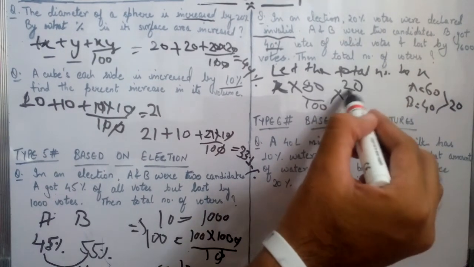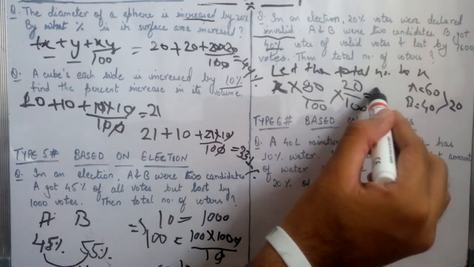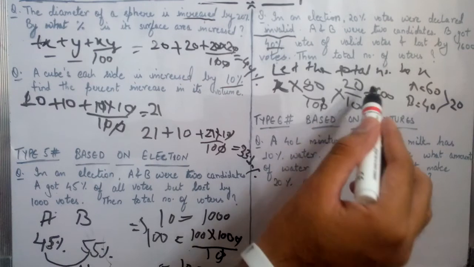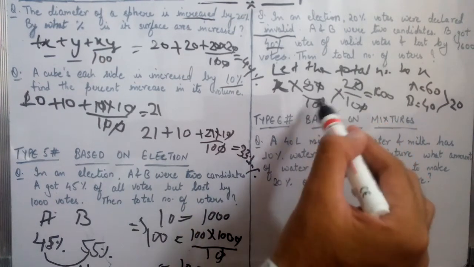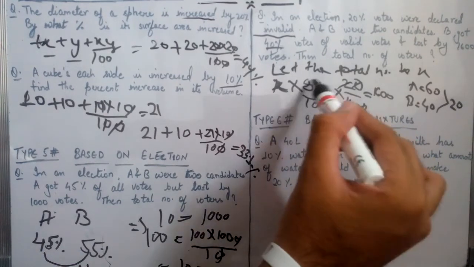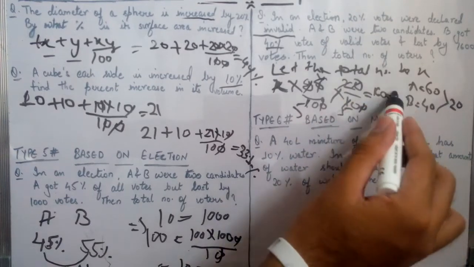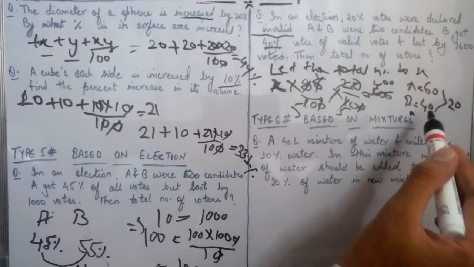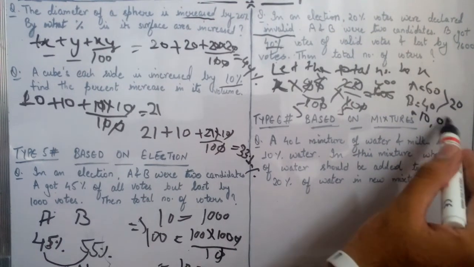So 20 upon 100 is equal to 1600. We will cancel it out. 5 twos are 10, 2 fours are 8, 2 fives are 10, 4 fours are 16. So the answer would be 25 into 400, which equals 10,000 again.